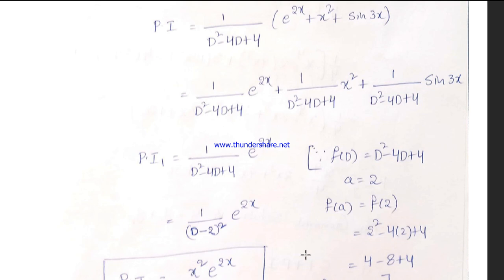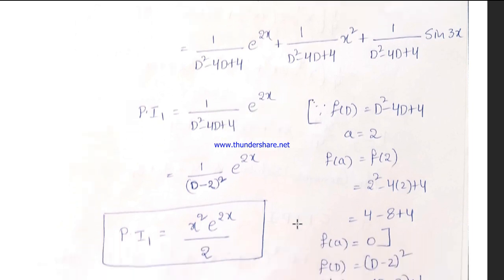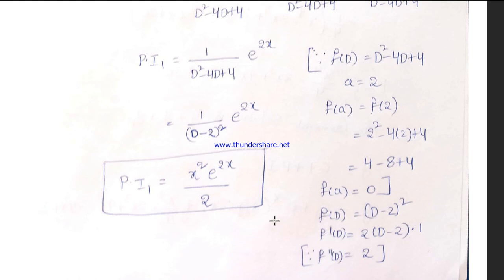So directly you can apply the simplest form I gave, that is you can multiply with x power k. The root is repeated how many times? 2 times, means k value is 2. So you can multiply the numerator with x power k, k value 2, that is x square e power 2x, by the denominator differentiated k times, that is 2 times.